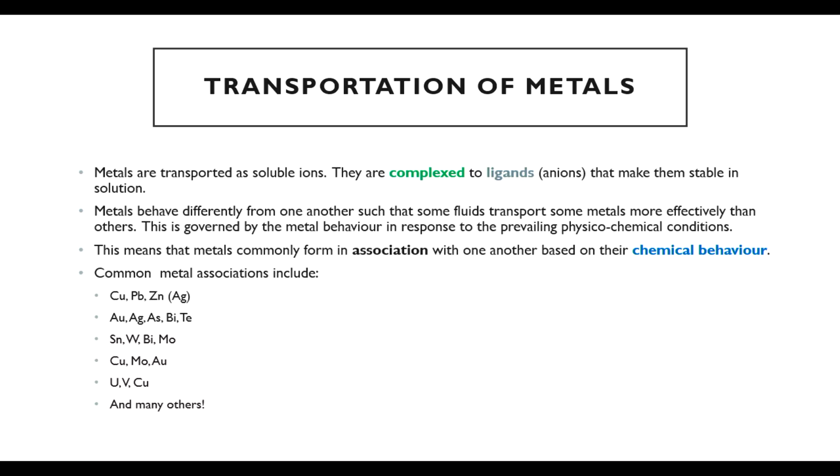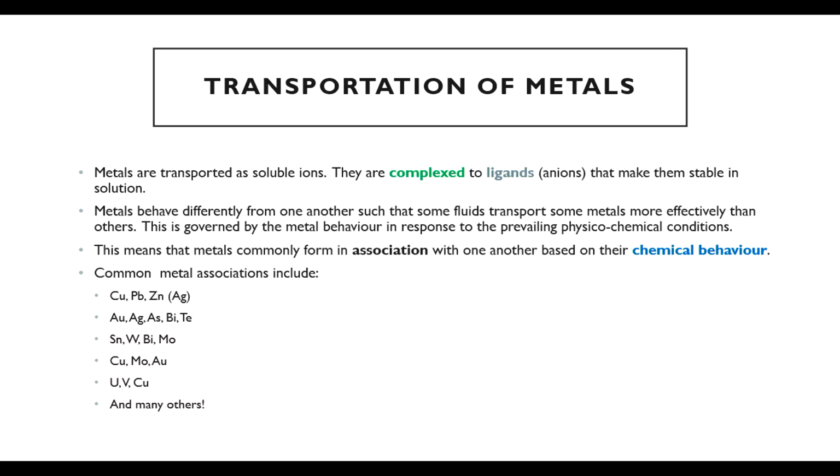But we know that certain metals associate or behave in a similar manner to each other, and this is why you commonly will have mineral deposits with certain groups of elements. So copper, lead, zinc, silver. So lead, zinc, silver, in Broken Hill, Mount Isa, those commonly get those base metals together. Gold, silver, arsenic, bismuth. Again, gold and silver, very common metal association in ore deposits.